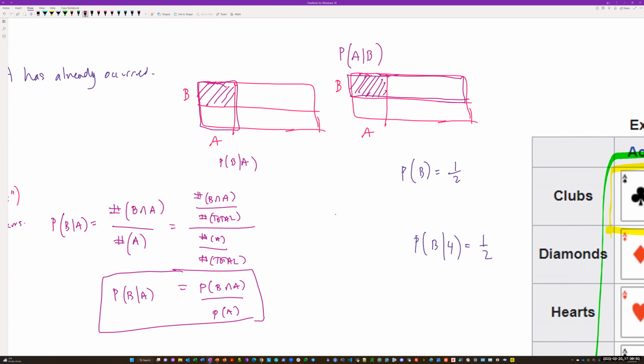Does that make sense? The total is different. So if A is this part here and B is this part here, then in the first case, if I say B given A, I don't care about this thing.